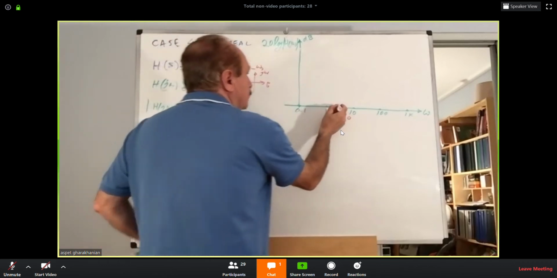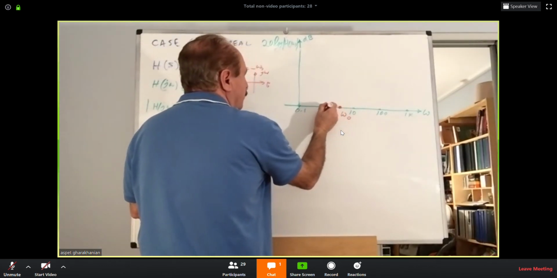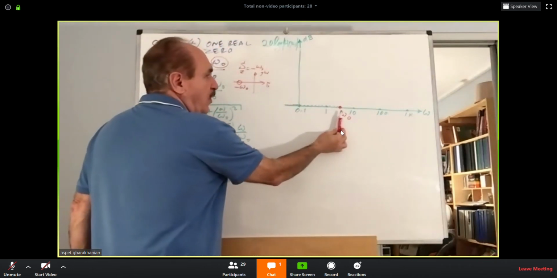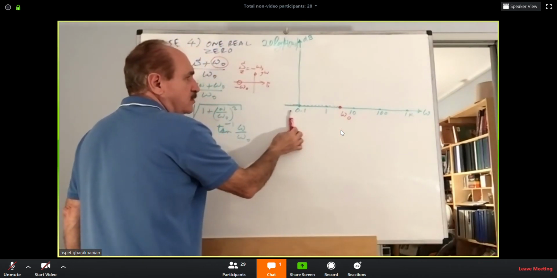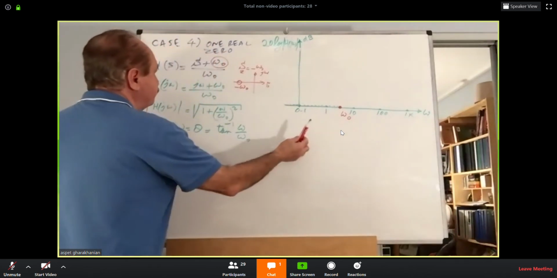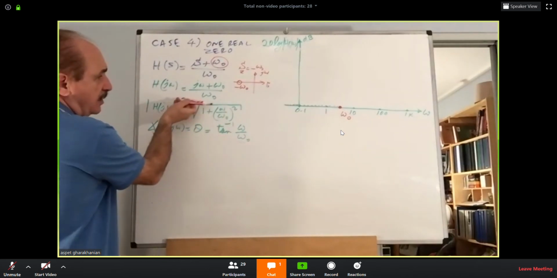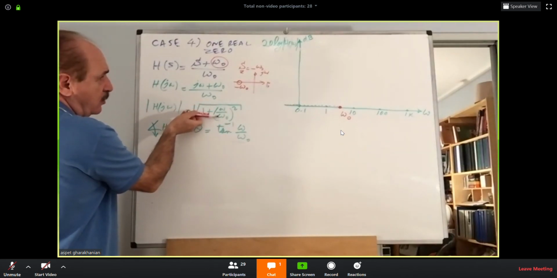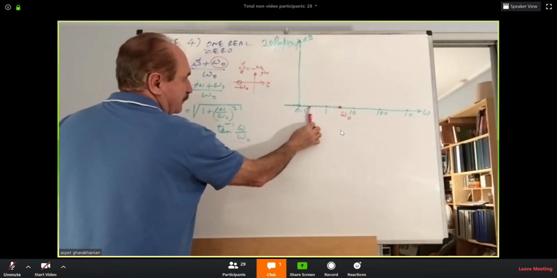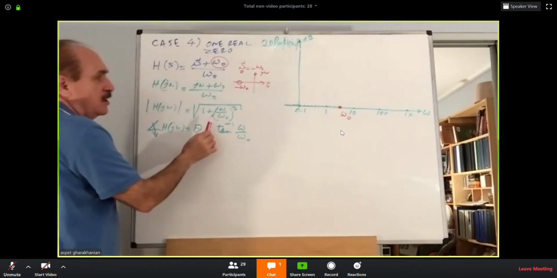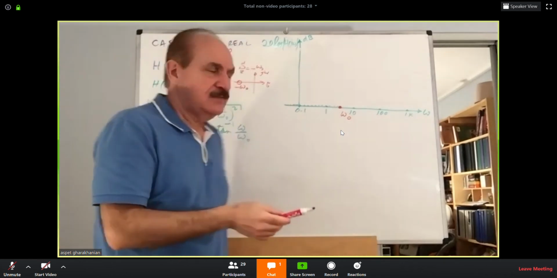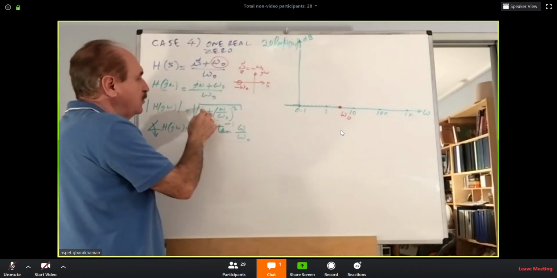Now, draw a horizontal line. This means for all frequencies below omega O, the gain is 0 dB. Let us check that. This is the gain. If omega is much, much less than omega O, like 10 times less, you're here, let's say. 10 times less than omega O. This will be 0.1 squared. 0.1 squared is 0.01. So under the radical, you will get 1.01.